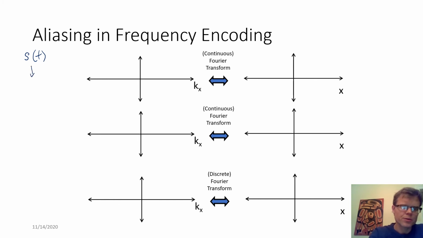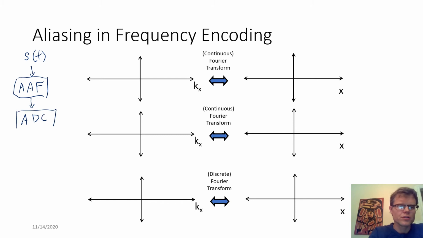And so what we're actually going to do in practice is run this through the anti-aliasing filter, this low-pass filter that we defined in Chapter 12, prior to doing our analog to digital conversion, which then gives us discretized data. So we still have some underlying distribution of our signal.